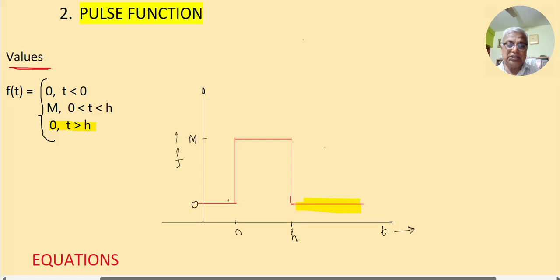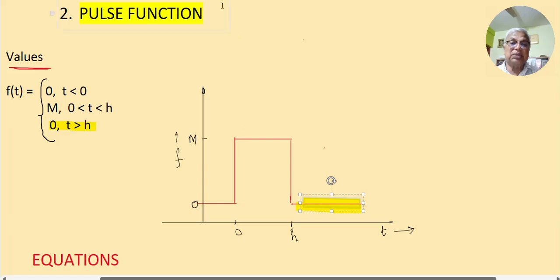So this is pulse function. Pulse function is one which is 0 everywhere, except for a brief interval of time 0 to h.